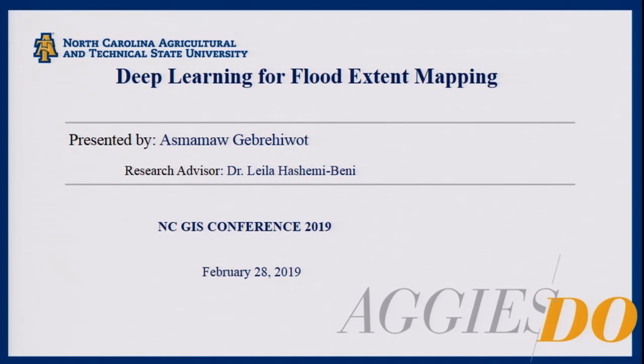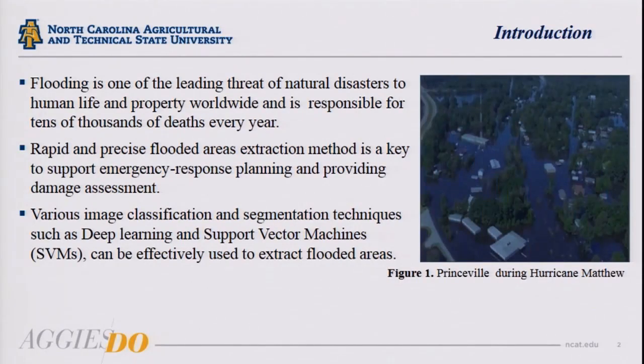Today I'm going to talk about my research topic, deep learning for flood extent mapping. As you know, floods are one of the leading causes of deaths from natural disasters in the United States.